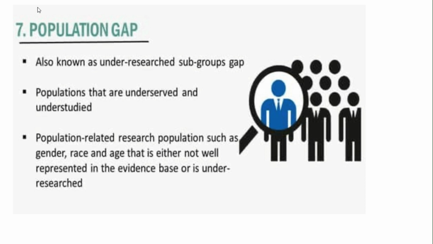Just to say that this gap is the type of research regarding the population that is not adequately represented, or under-researched in the evidence base, or prior research, like ethnicity or age and race and all that.